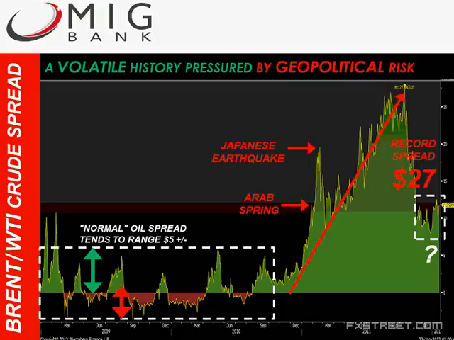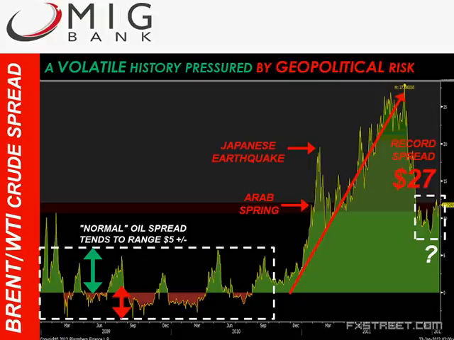So it's just showing you the green area. Whenever this chart moves up higher, it's showing you Brent crude oil outperforming West Texas. Now, look at the white rectangle area there where I've highlighted on the chart, and I've labeled normal oil spread tends to range around $5 plus or minus.